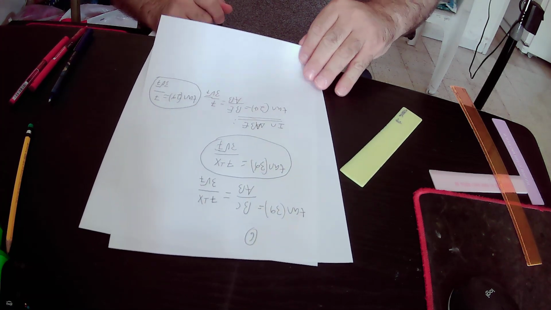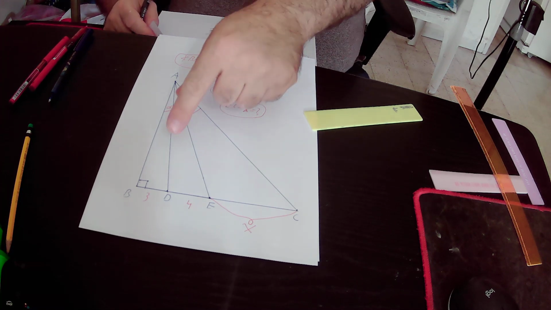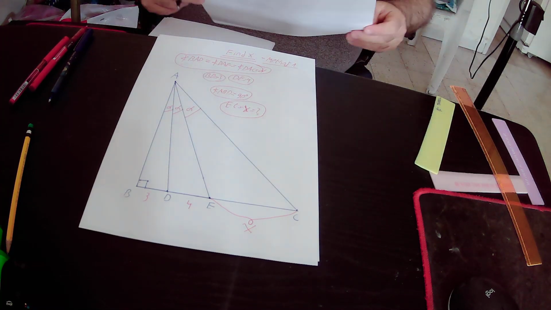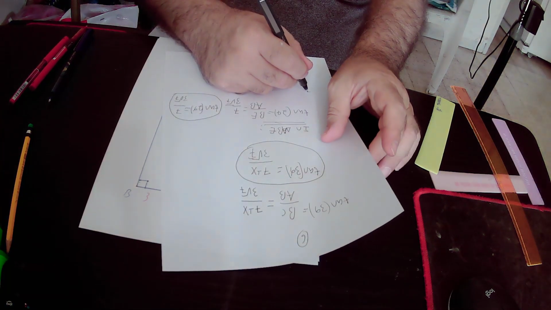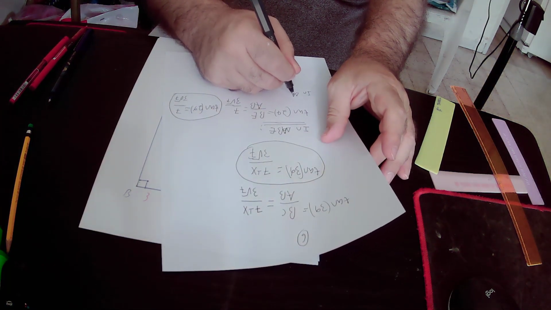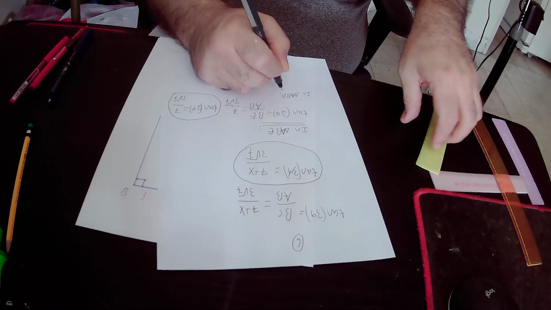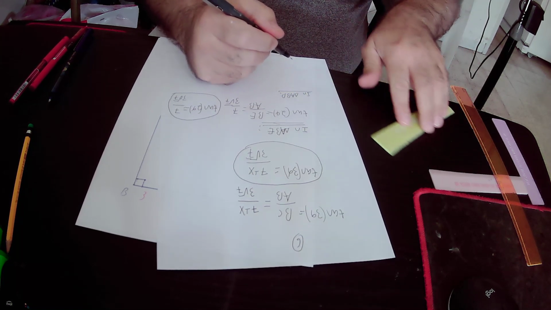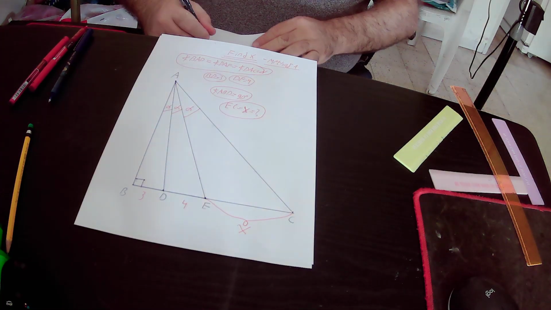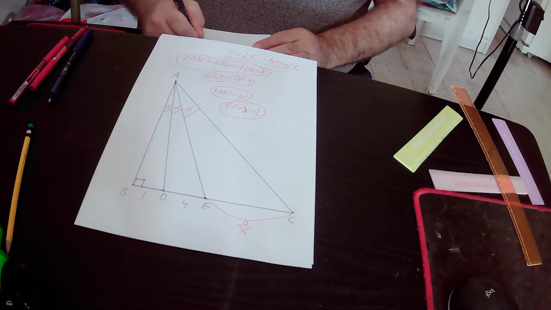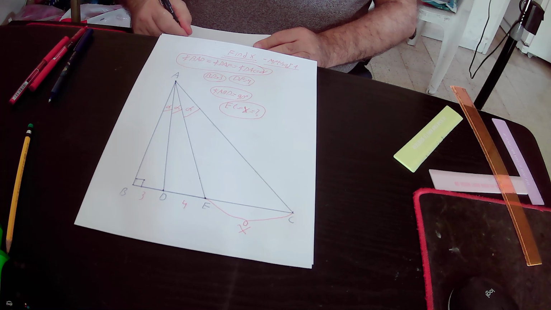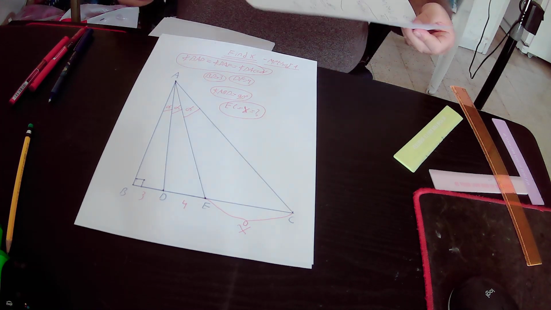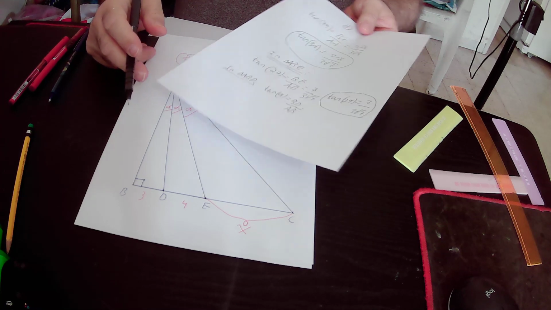Okay, in the next step, we will focus on the right triangle, triangle ABD. So, in the right triangle, triangle ABD, tangent alpha equals to BD over AB.